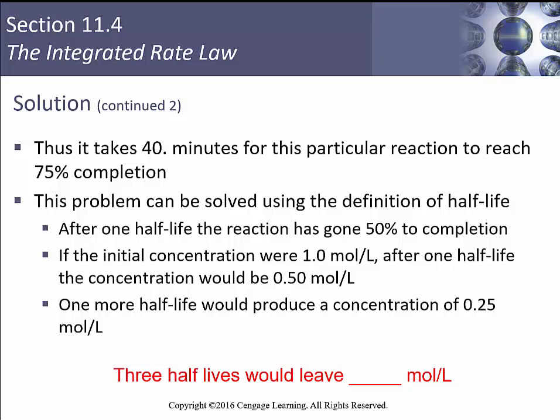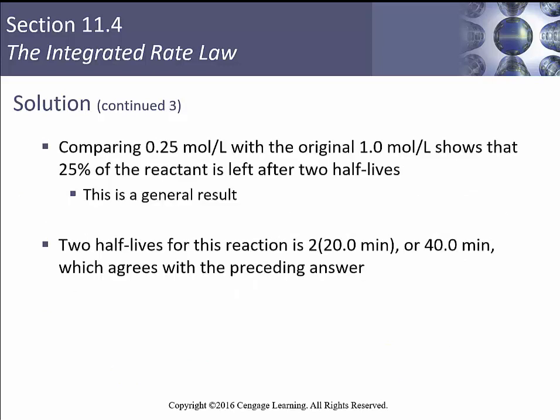This problem can be solved using the definition of a half-life instead. So after 1 half-life, the reaction has gone to 50%. If the initial concentration were 1 mole per liter, after 1 half-life, the concentration would be half a mole per liter. 1 more half-life would produce a concentration of 0.25 moles per liter, and 3 half-lives would leave 0.125 moles per liter, or 1/8 our initial concentration.